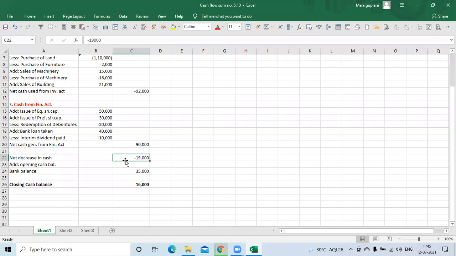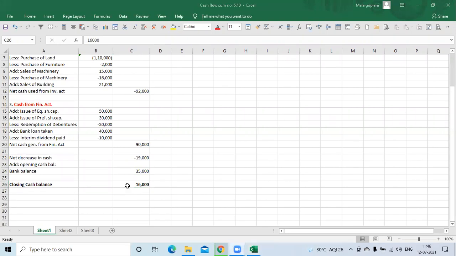Meaning how will you put it in the calci? Take the calculator, put in 19,000, but put the sign of minus before 19,000. On the left hand side, you have the plus minus button. Press that. Automatically on the screen, you will see minus 19,000. Now plus 35,000. So do it. 16,000, positive answer.